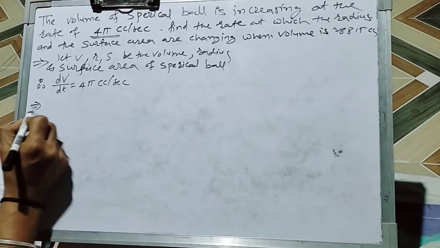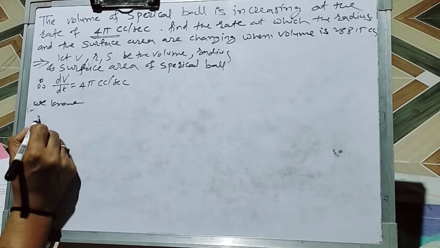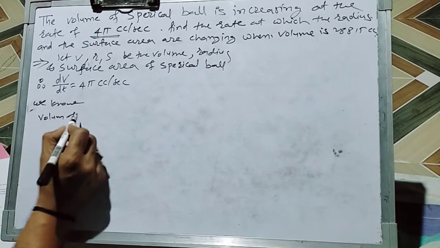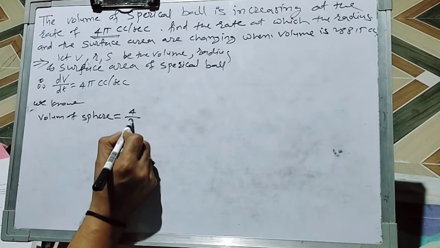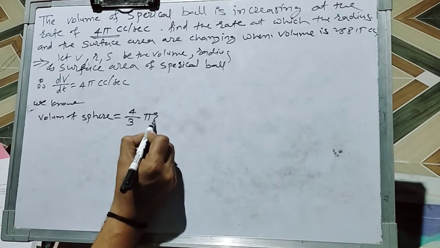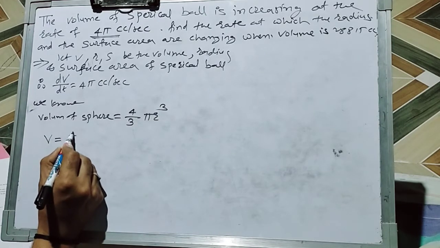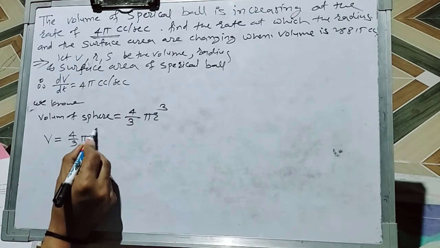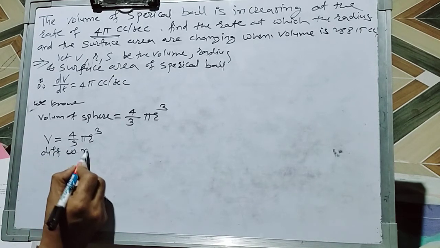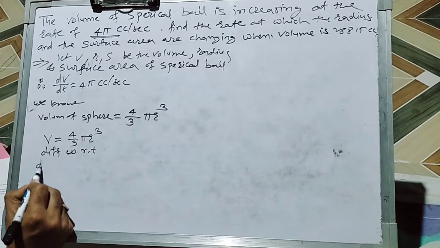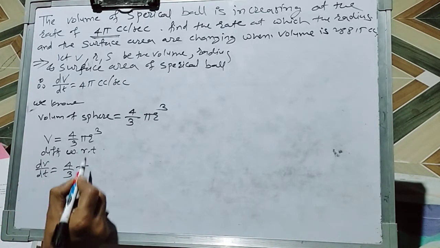Now we know the formula for finding the volume of sphere is 4 by 3 pi r cube. So therefore V is equal to 4 by 3 pi r cube. Now differentiate with respect to t. So therefore dV by dt is equal to 4 divided by 3 pi.